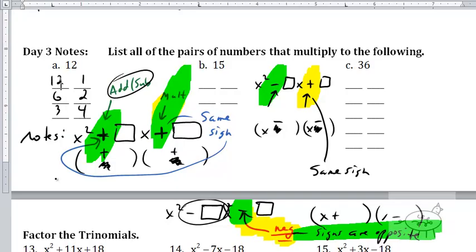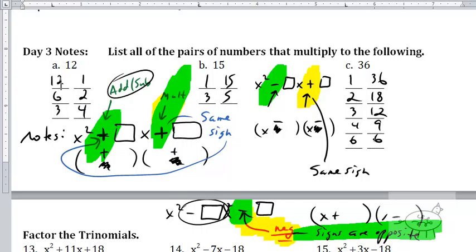So let's just, again, we're talking about this. We're going to get to a problem in a second here. So 15 are what? 1 and 15 and 3 and 5. Okay, 36. 1 and 36. 2 and 18. 3 and 12. 4 and 9. And 6 and 6.